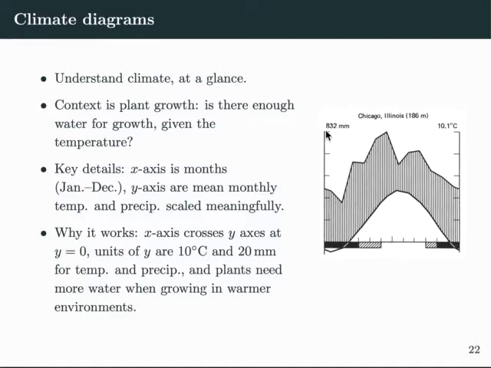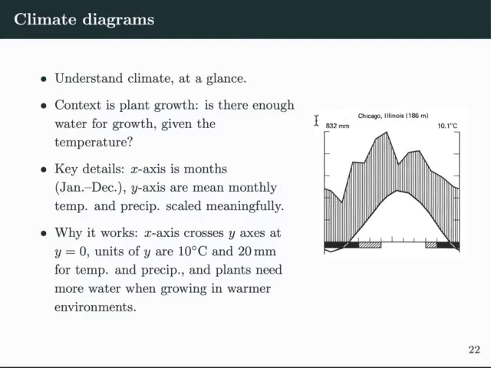You might notice that at the top here it says 832 millimeters. That's about 8/10 of a meter, so a little less than a yard, or a little less than 3 feet of precipitation each year.